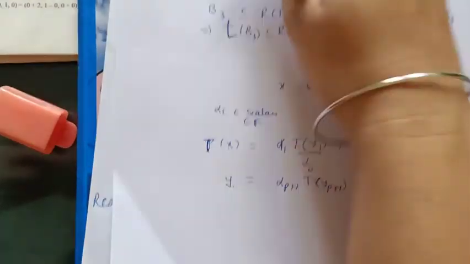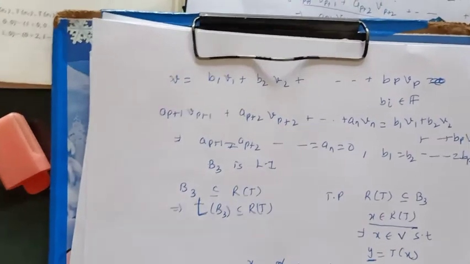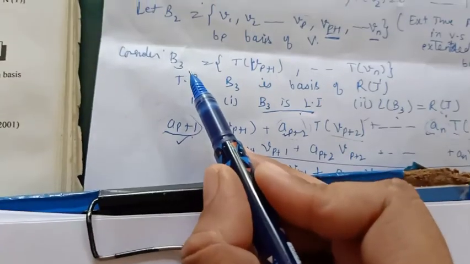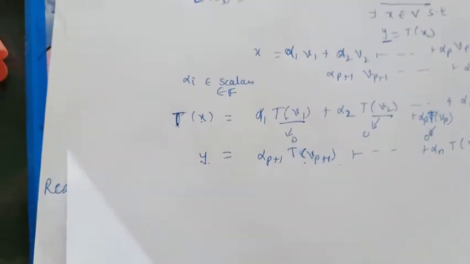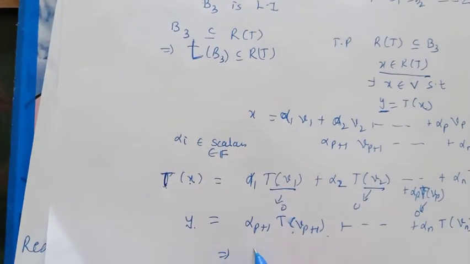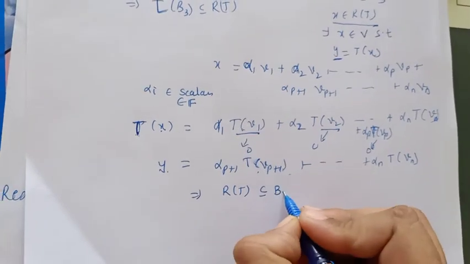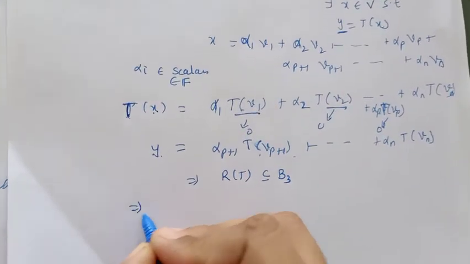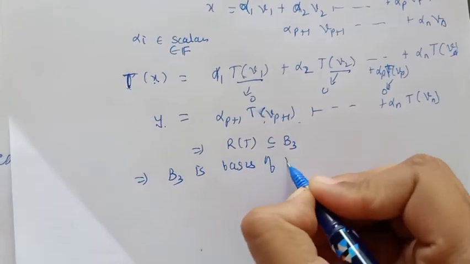What were these, T(v_{p+1}) up to T(v_n)? These were the elements of B3, if you can recall. So this was what we were left with to prove. This implies that the range of T is contained in the span of B3. It implies B3 is a basis of the range set.